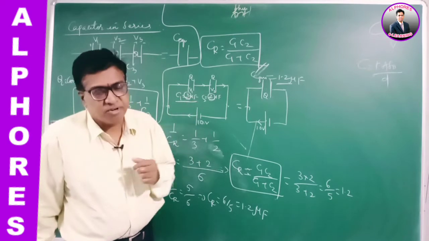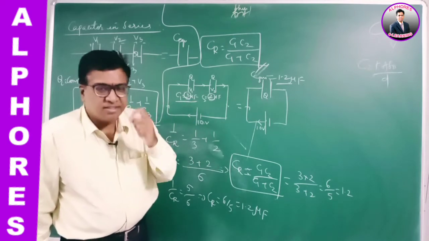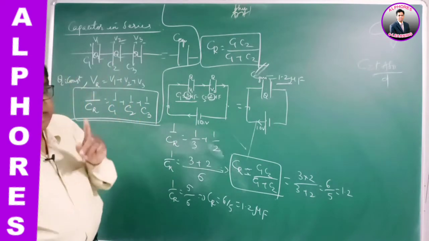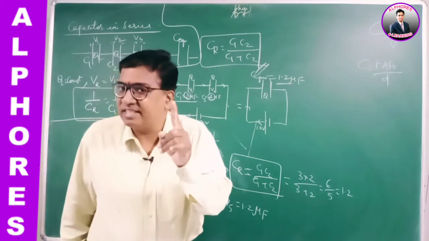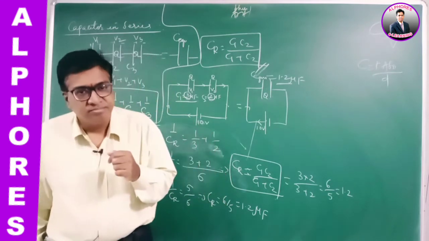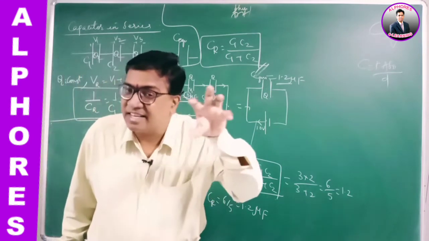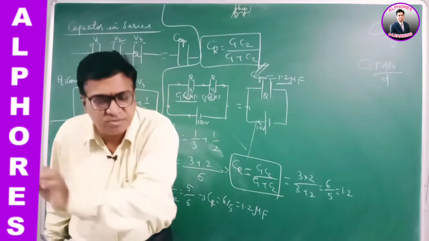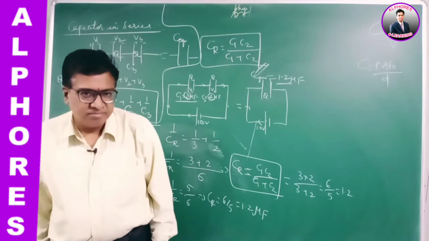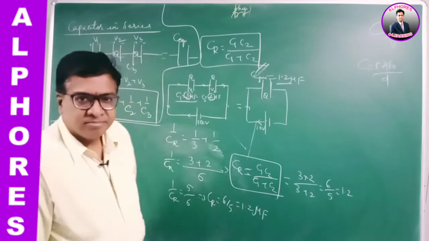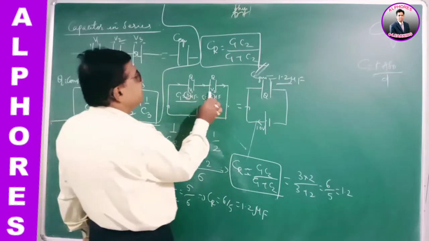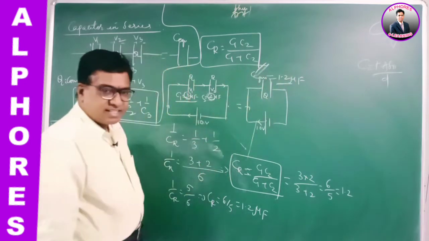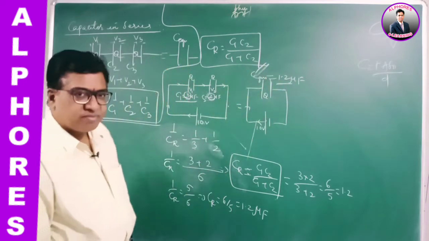Logically you can solve problems by this identity. In series combination, the resultant capacity always decreases, the first point. Then in series, the resultant capacity is less than the least value of the capacitor used in the combination. Smaller than the smallest, right? So the smallest is 2, and the resultant is even less than that, 1.2 microfarad.